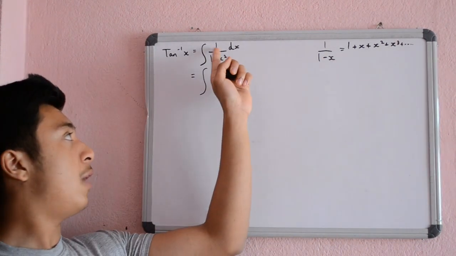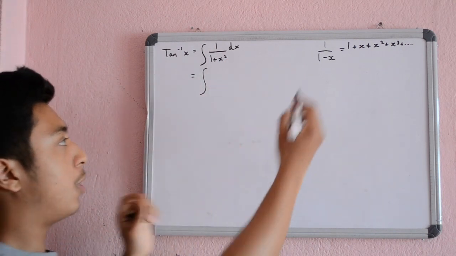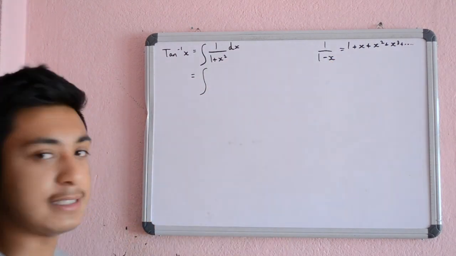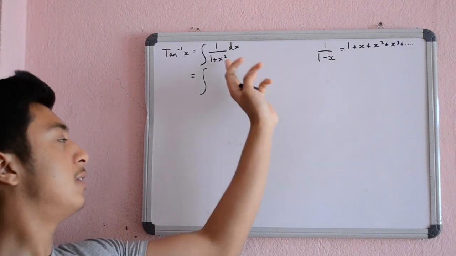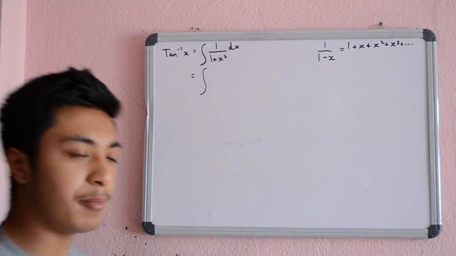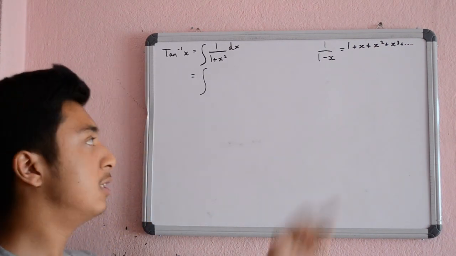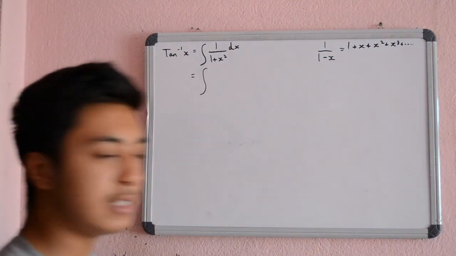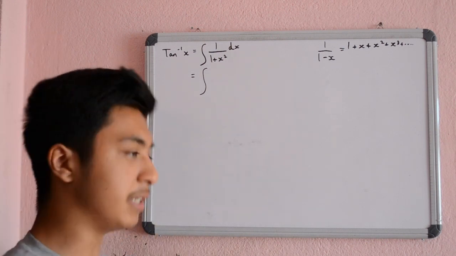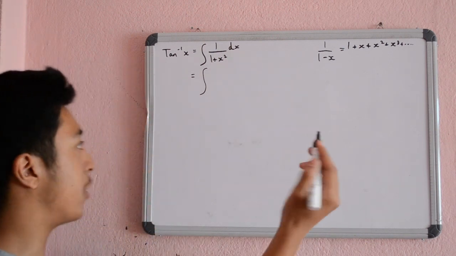Here we have 1 by 1 minus x, but we need 1 by 1 plus x squared. That's pretty easy, because here x just represents some number, any number or variable. So this x you can replace with x squared, x cubed, 1 by x and so on.